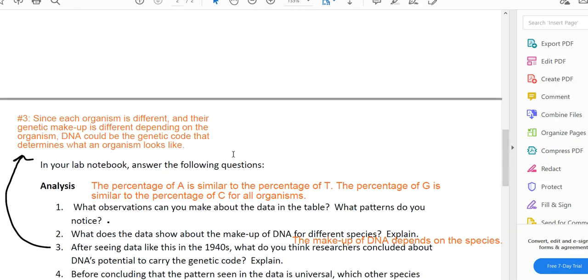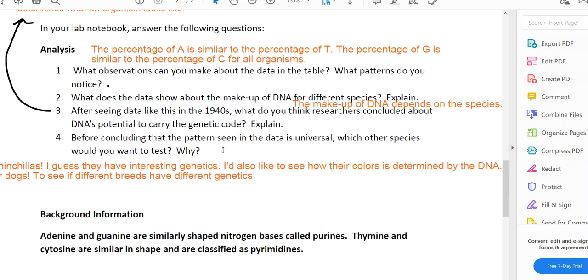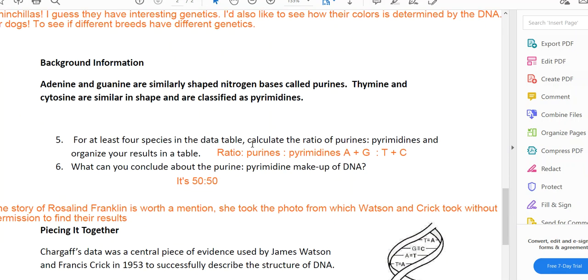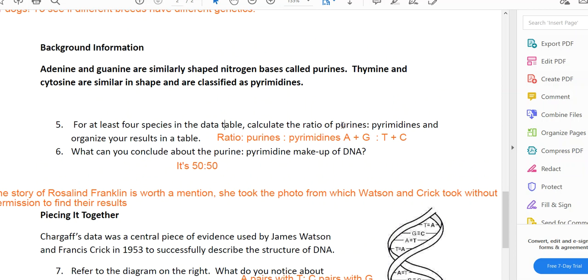Without doing the math? Yeah. And in this data table, for this worksheet, she wants at least 4 species. What do you mean? Oh, at least 4 species. So she wants you to calculate the ratio. Okay, so we have to pick 4 of them. Yep, totally.